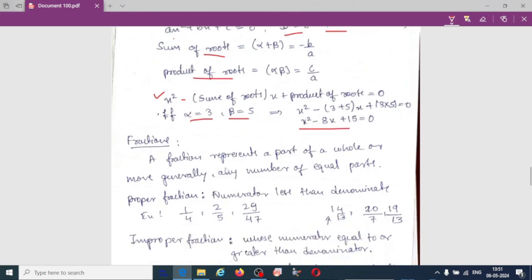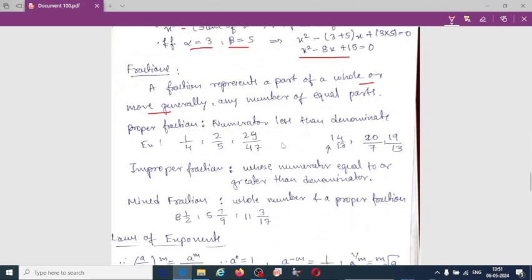Fraction. A fraction represents a part of a whole or, more generally, any number of equal parts. If you take any material and divide it into equal parts, then you can write it in terms of a ratio.